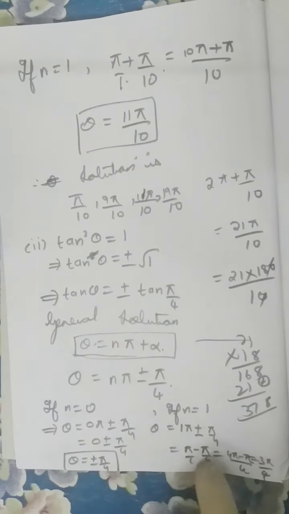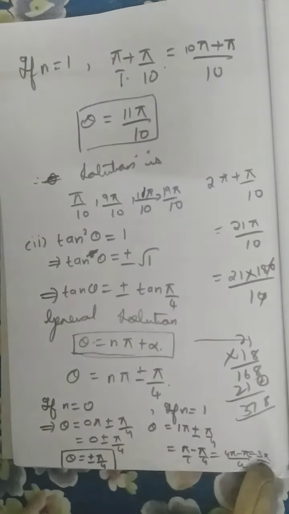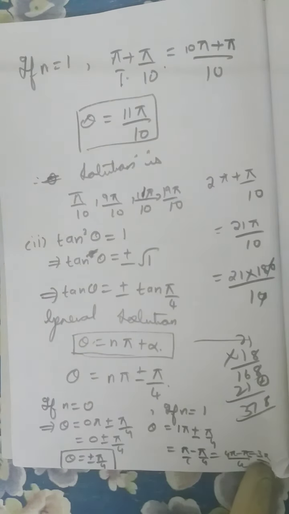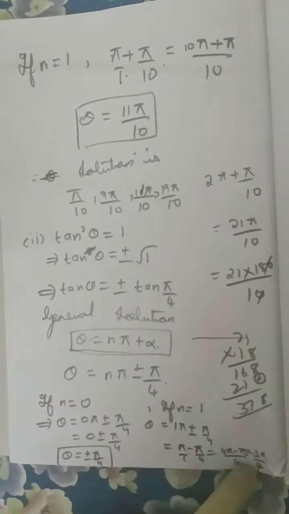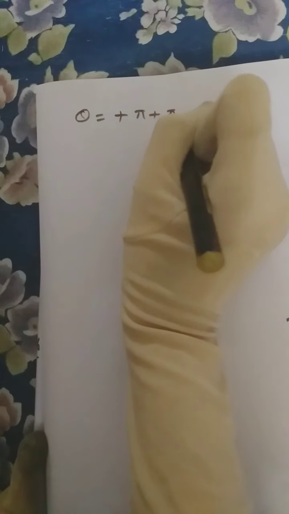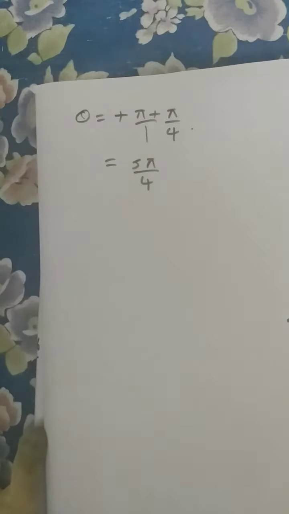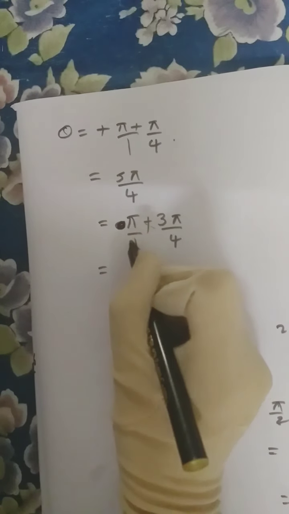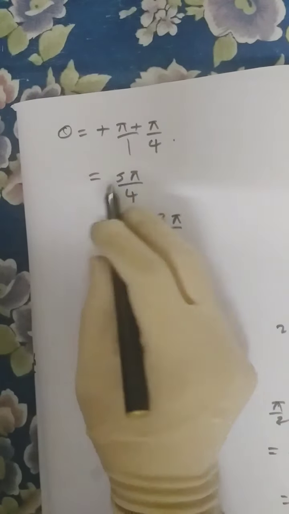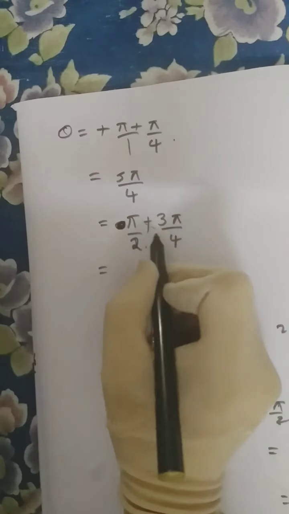And if I write it in terms of plus, pi plus pi by 4 is 5 pi by 4. And 5 pi by 4 can be written as minus 3 pi by 4. 5 pi by 4 can be written as 90 plus 3 pi by 4.